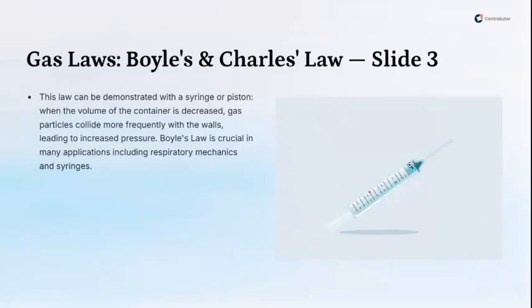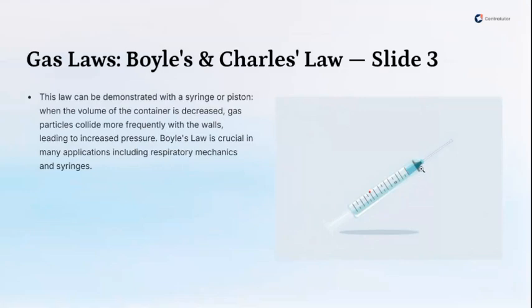So what happens to the volume inside this container? It will keep reducing. As the pressure at the top increases downward into this syringe, the volume of what is inside will keep reducing.